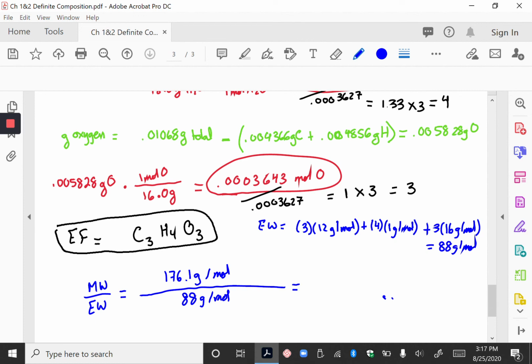So if you divide those by each other, you get 2. What that 2 tells you is that the molecular is 2 times the empirical. So if my empirical is C3H4O3, that means the molecular formula is C6H8O6.